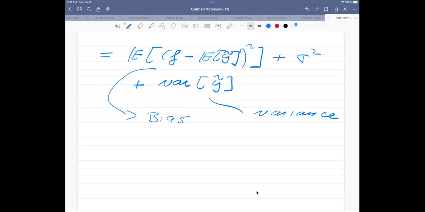So the sigma squared is a quantity which we don't know, because at the end, we don't know f. This is an unknown quantity. So we need to plug in something if we want to calculate.